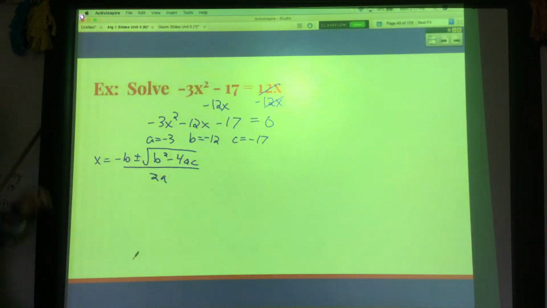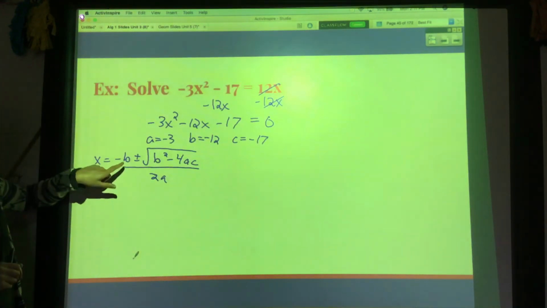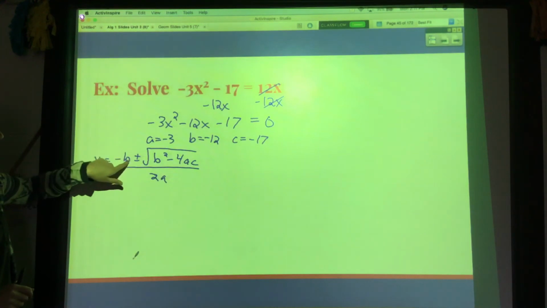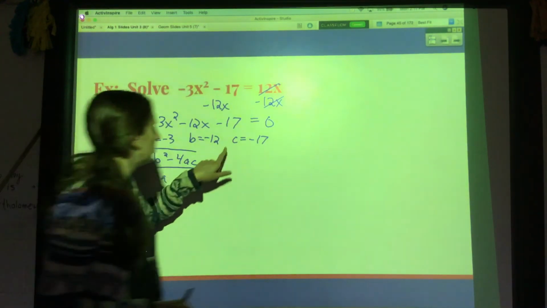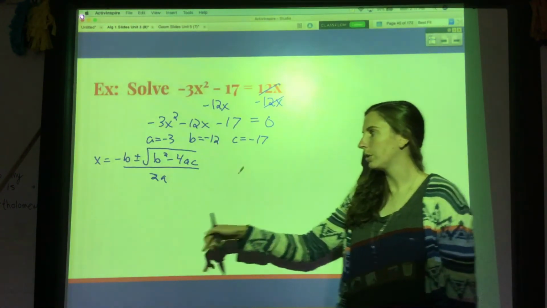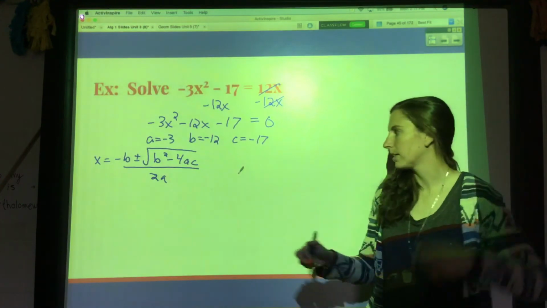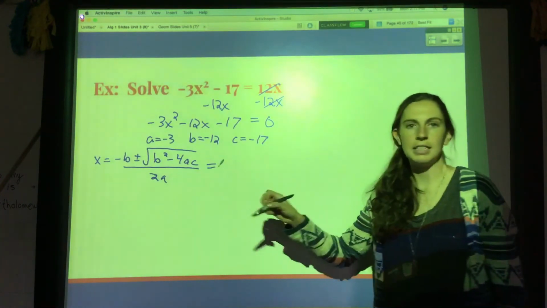Alright, there's the formula. You've got to be careful, and I want to point out on this one, in the formula, it's -b. But notice that this b is actually already negative. So you're going to end up doing -b. And this is the most common thing I see people mess up on, is they forget to do the double negative.